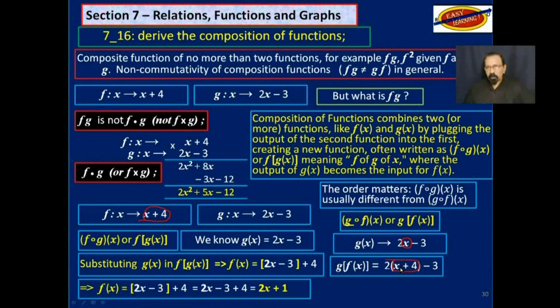So now we have g of f of x. And we simplify that and we get this. Notice this answer, g of f of x, is not the same as this answer, f of g of x, which is not the same as if you were to multiply f and g. They are three completely different things.